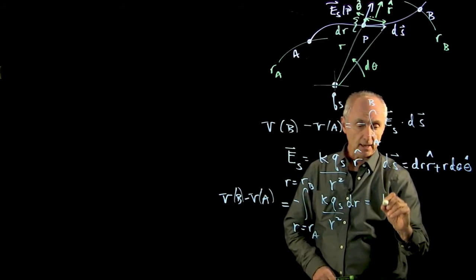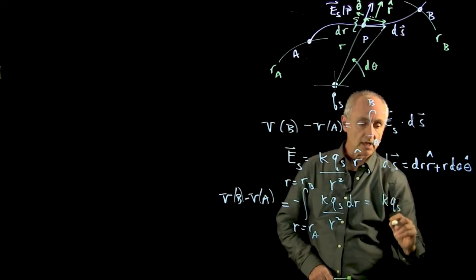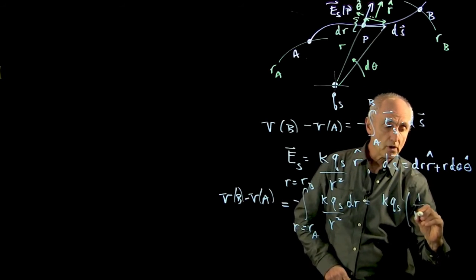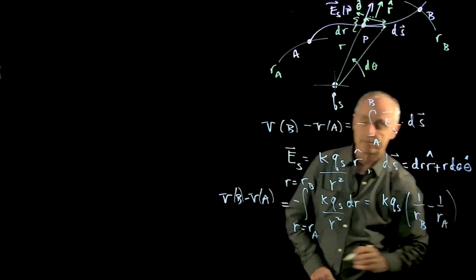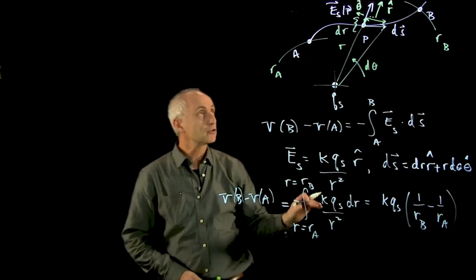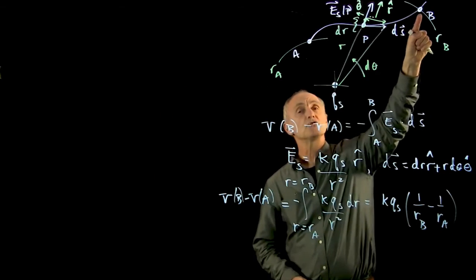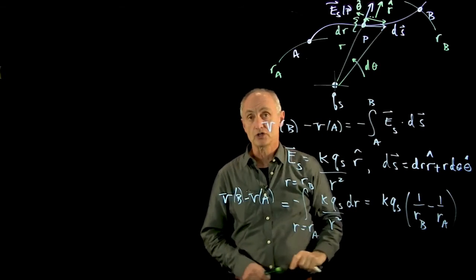So they cancel, and we get KQS times 1 over RB minus 1 over RA. And that is the potential difference in space between these 2 points for the point charge.